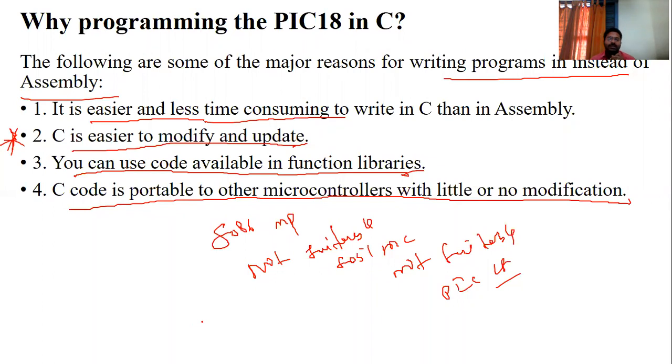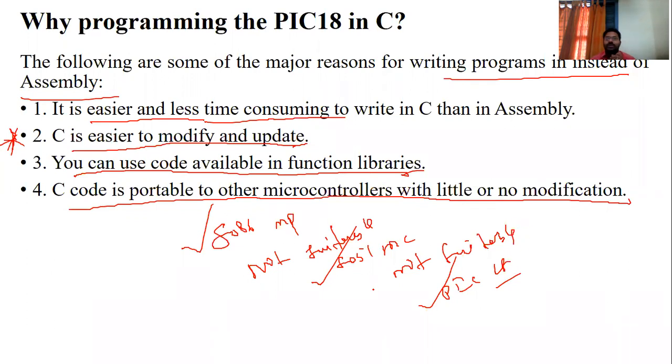You have to learn separate assembly level language programs for the 8086 microprocessor, the 8051 microcontroller, and the PIC 18. But when you know C programming, that is enough for writing programs for all types of microcontrollers.